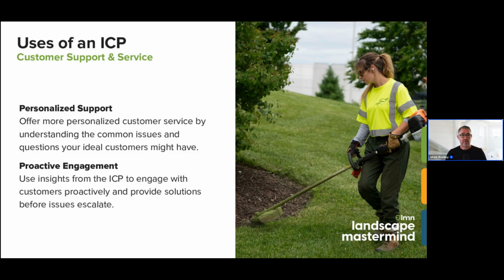So we want to be really proactive, ideally, in the way that we're doing this. And so if you're using the CRM, we have tags in the CRM, which allows you to tag different types of customers. So again, when you've got an ICP, you can go right into the CRM on LMN and create tags for your ideal customer profiles.